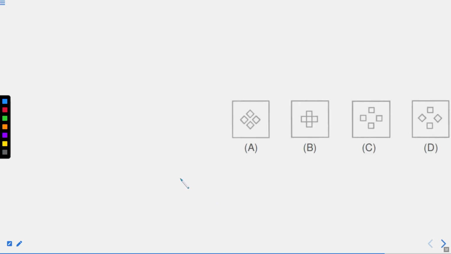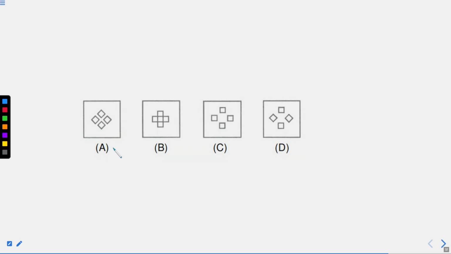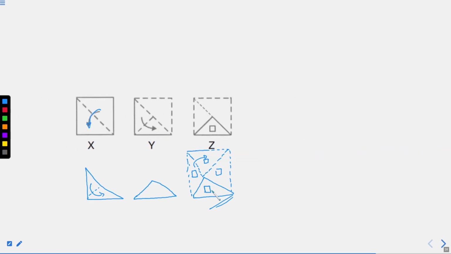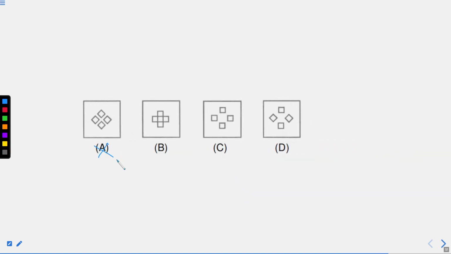So if we check the 4 alternatives for where we get this kind of figure, these are crossing each other, so it will not be your answer. You can see from here that the squares are in the normal position like this, not like this. So we'll follow this part. So this is also wrong. B is also wrong because they are crossing each other, right?